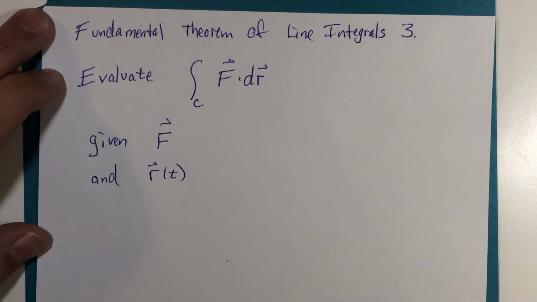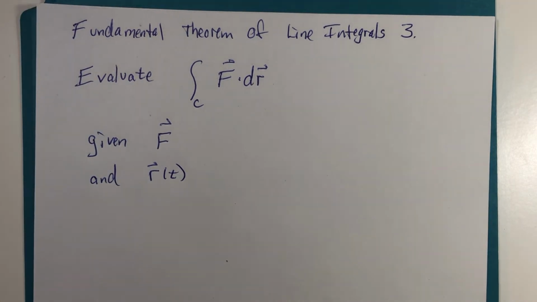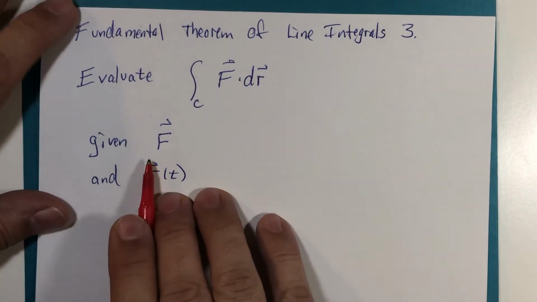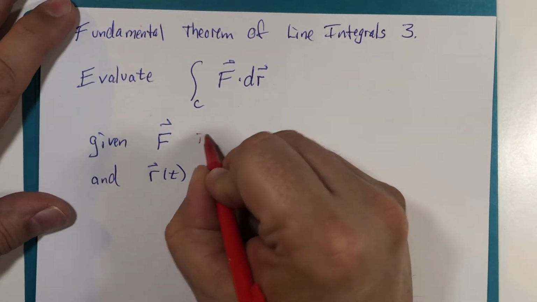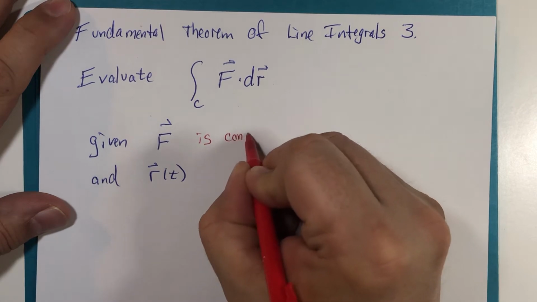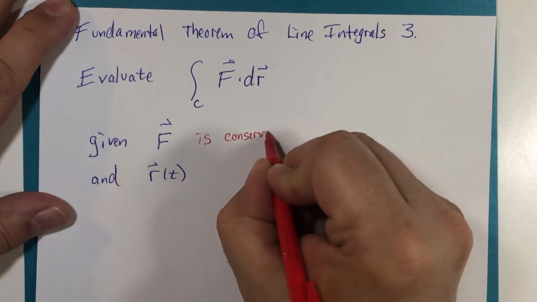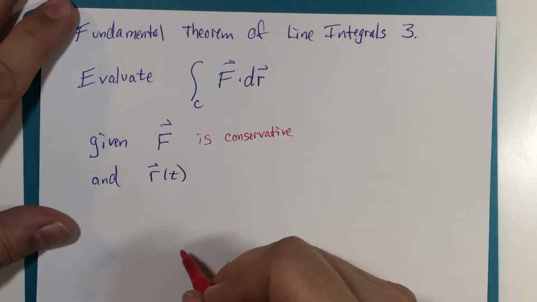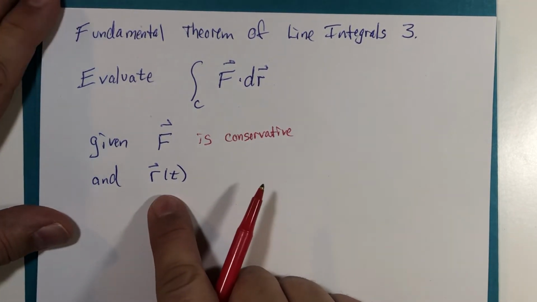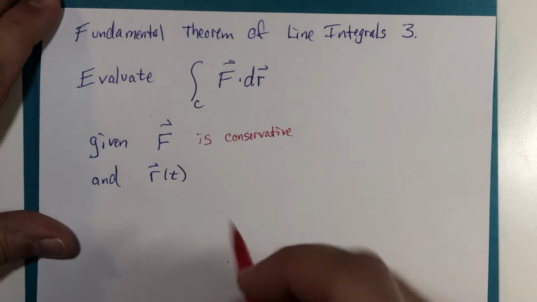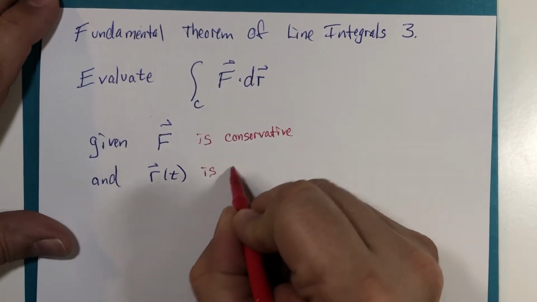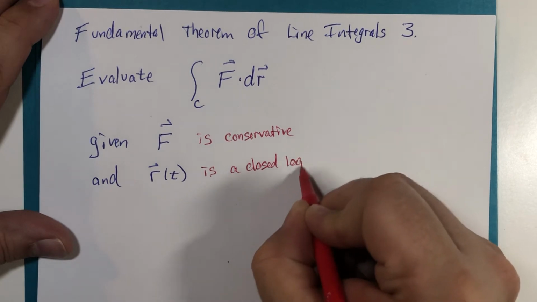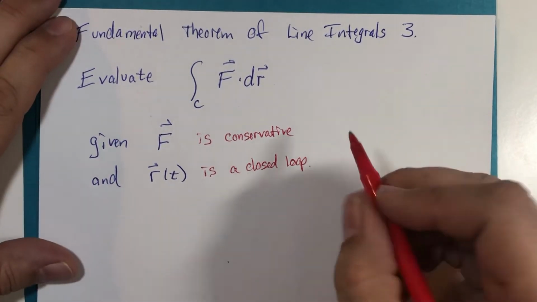So let's suppose I have a problem and that I have been told that the vector field is indeed conservative. And that the particular path I'm looking at is a closed loop or path.